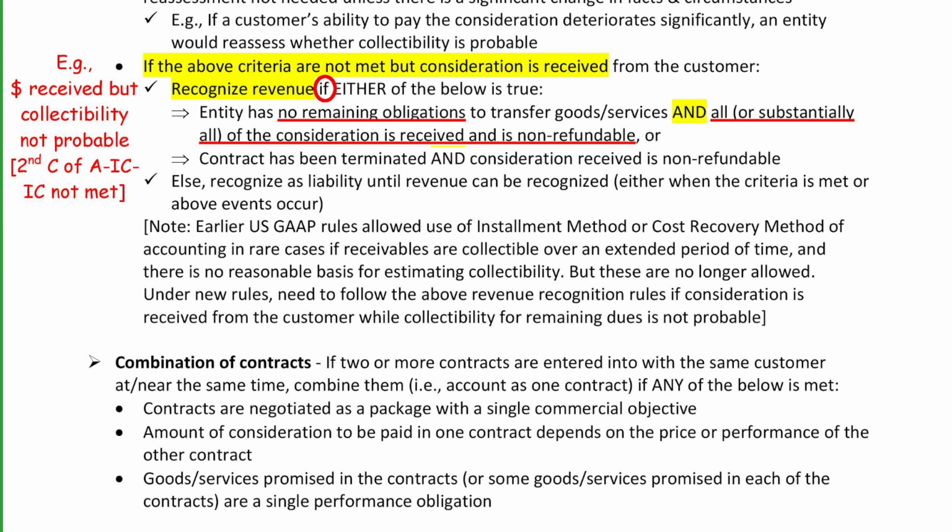Or underline contract has been terminated. Highlight and underline consideration received is non-refundable.